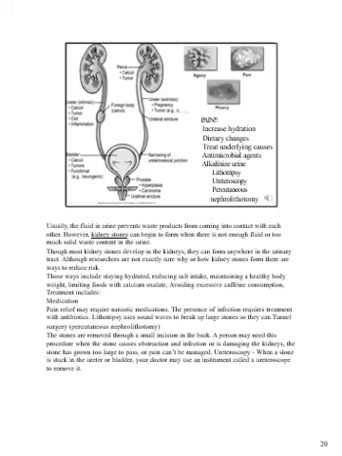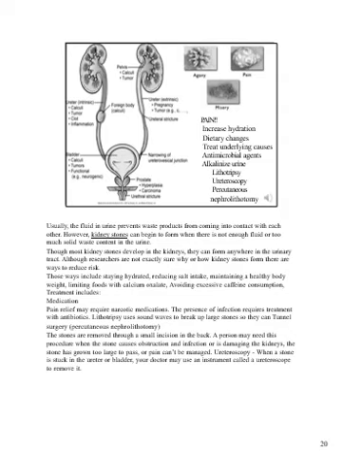Usually, the fluid in urine prevents waste products from coming into contact with each other. However, kidney stones can begin to form when there is not enough fluid or too much solid waste content in the urine. Though most kidney stones develop in the kidneys, they can form anywhere in the urinary tract.